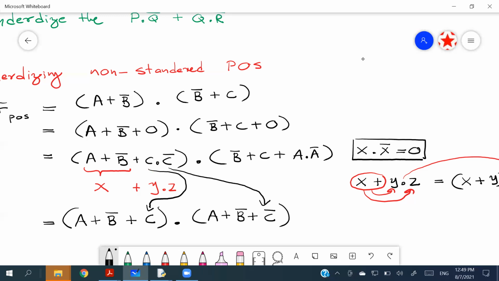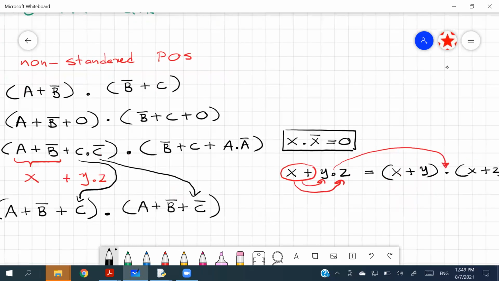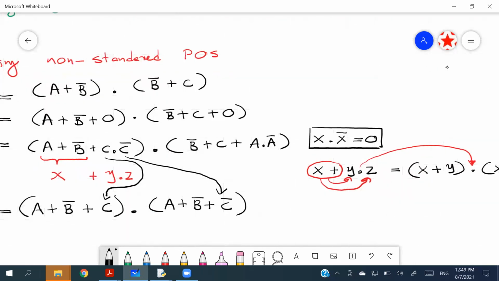So the next thing is the second bracket. Now in the second bracket, again these two work as x, these two work as y dot z. So how does it happen?